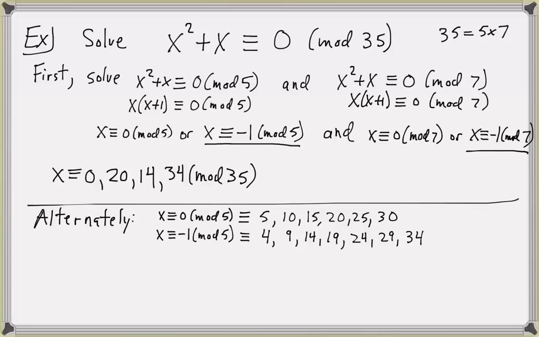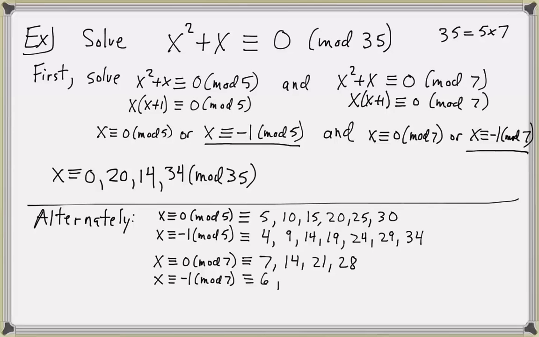And then let's write out the residues mod 7 now. So x would be congruent to 0 mod 7. So there's 0 and then 7, 14, 21, and 28. These are all the residues that are congruent to 0 mod 7 between 0 and 34. And then do the same thing with residues negative 1 mod 7.